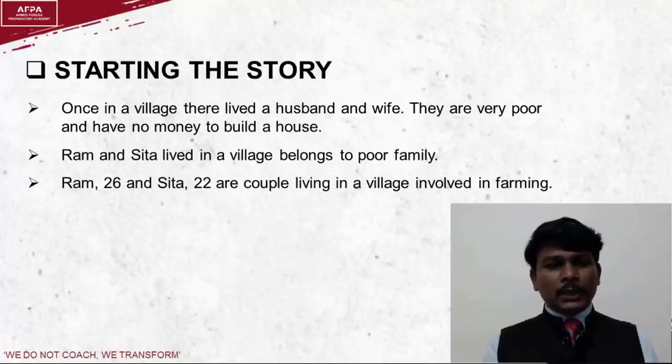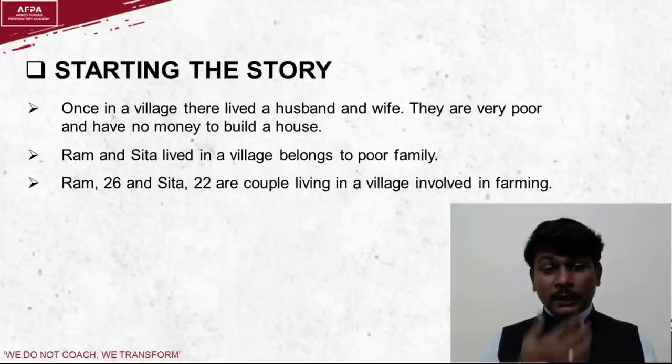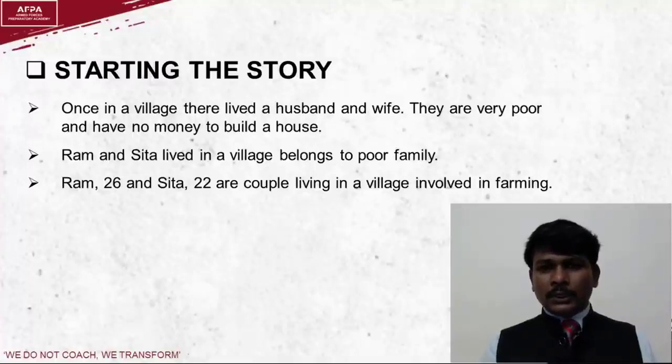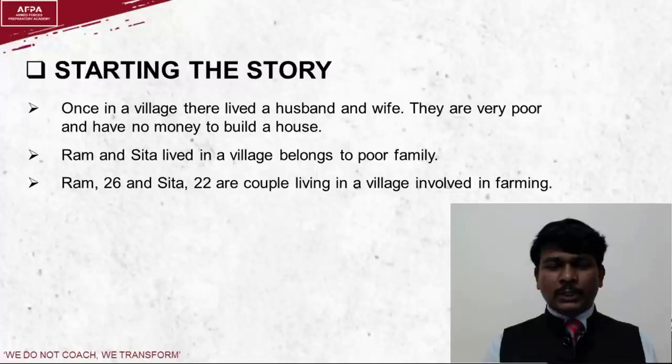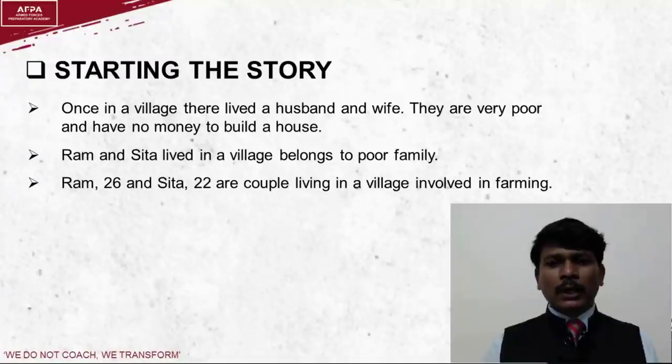If you look at the third example, Ram 26 and Sita 22, a couple living in a village involved in farming. Now this particular introduction, it is one line, but then it exactly describes the details of the characters, including their background and where they come from.